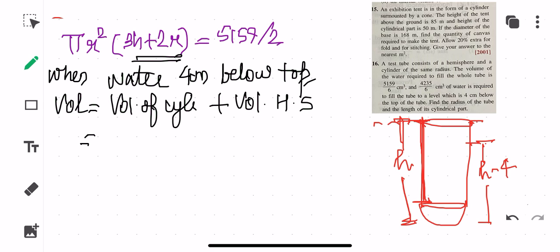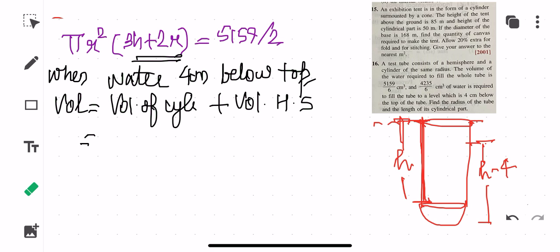And before that, children, there is one more thing you need to look into: that h, you don't have to take the entire height, because otherwise this is going wrong. If you take h as the entire height, then you won't be considering the base part.